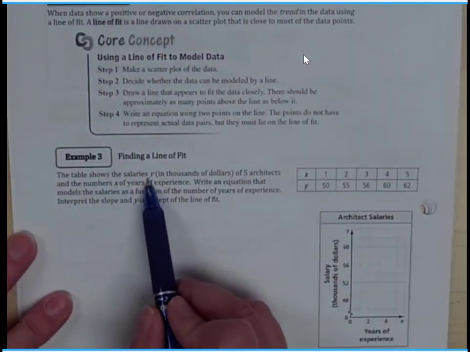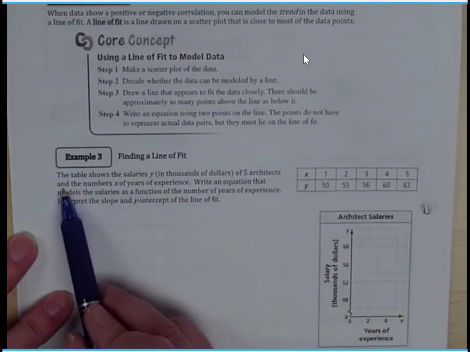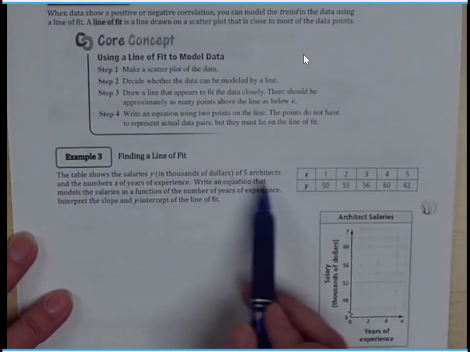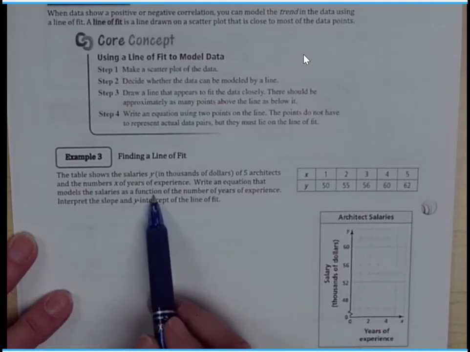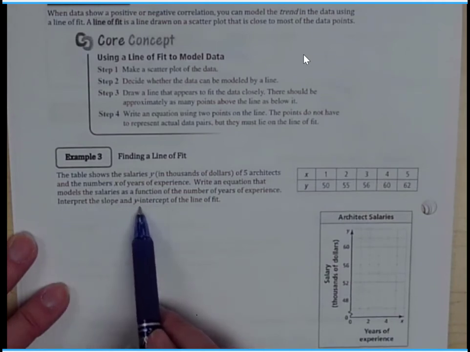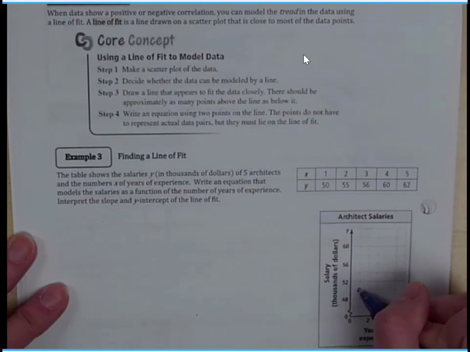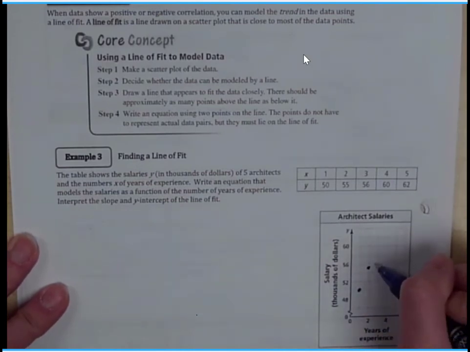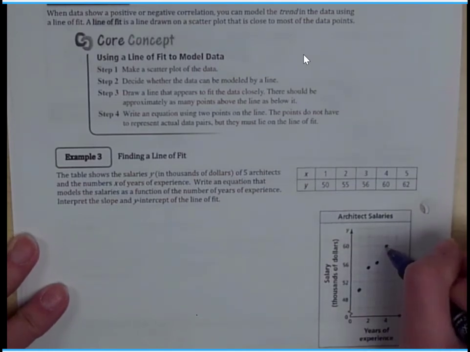The table shows the salaries, Y, in thousands of dollars of 5 architects and the number of X years of experience. Write an equation that models the salary as a function of the number of years of experience. Interpret the slope and y-intercept of the line. So I've got 1, 50, 2, 55, 3, 56, 4, 60, 5, 62.